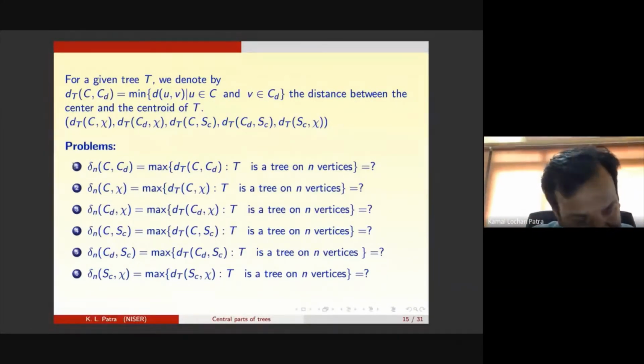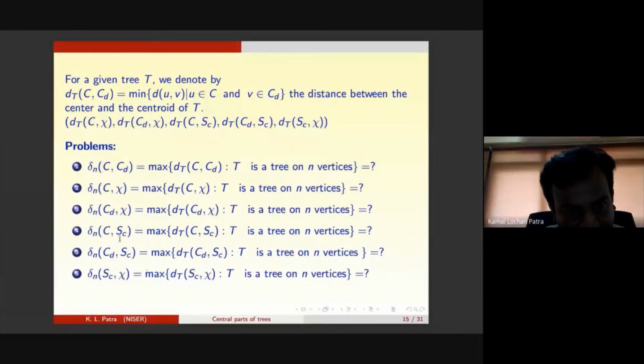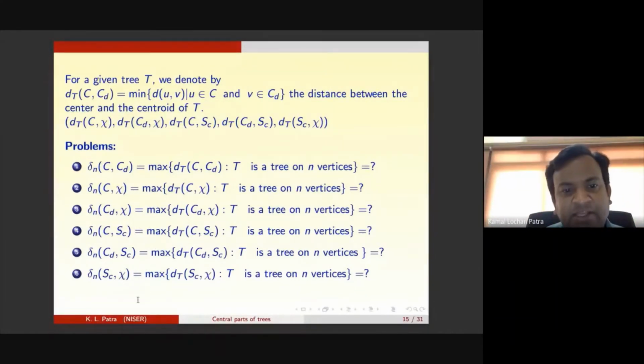At that time, the subtree core was not defined, so initially I concentrated on these three. Later, using the subtree core, I answered, if not everything, partially all these questions. And later papers were published related to these problems, in 2017, 2018 and 2019, which we will discuss now. So the question is how to maximize the distances between any two different central parts.